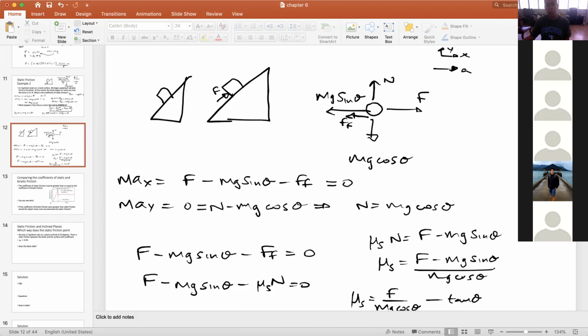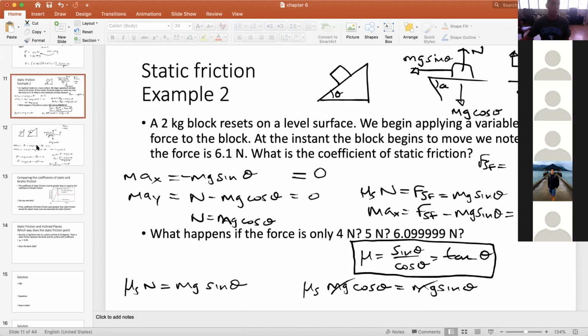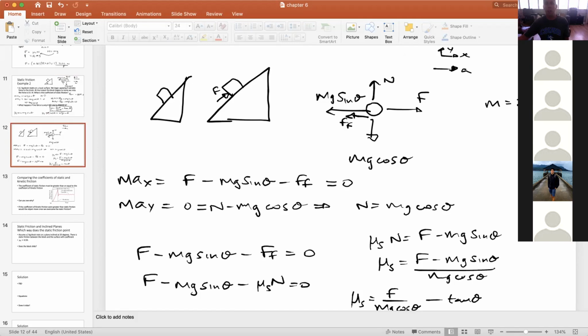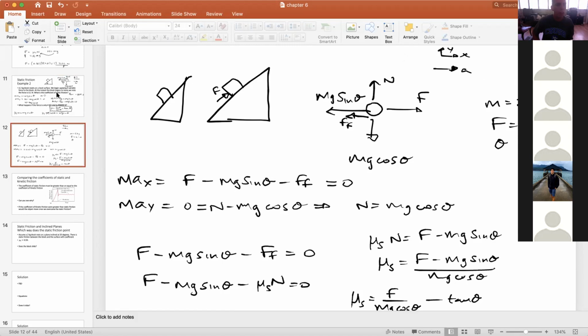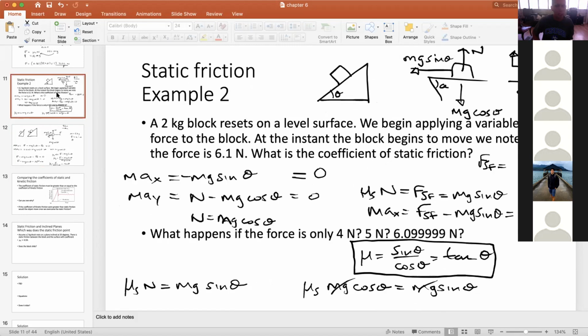I can put numbers in here. F, I said in the problem, was 6.1 newtons. M was 2 kilograms. And what was our angle? 20. Did I not even give that? I am so sorry.